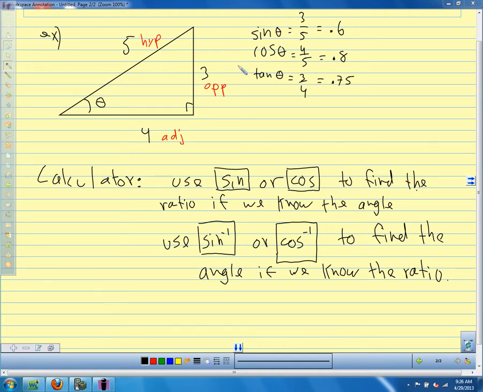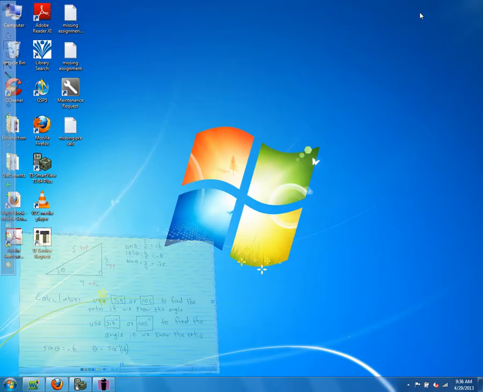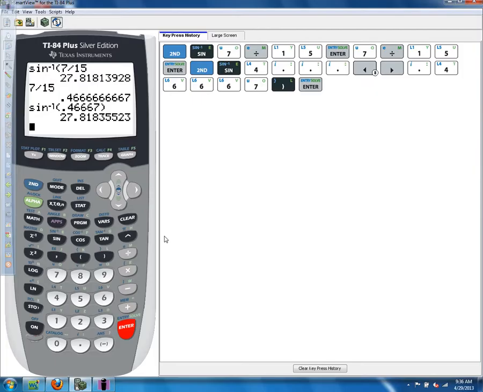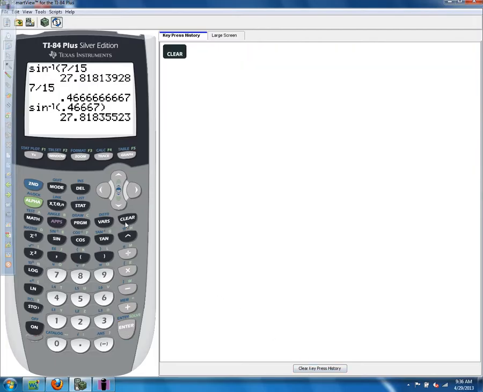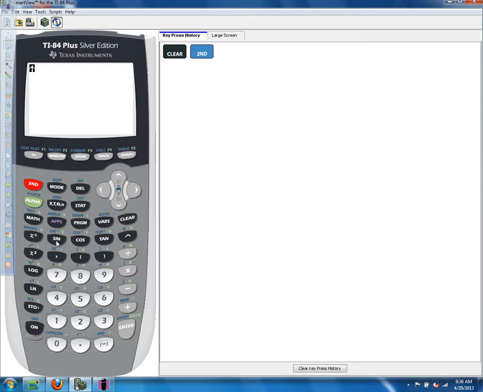So from this problem, we had sine theta is 0.6. That's what we figured out here. So theta is the inverse sine of 0.6. So I'm going to go to my calculator. And I'm going to do the inverse sine, which is right here, of 0.6.